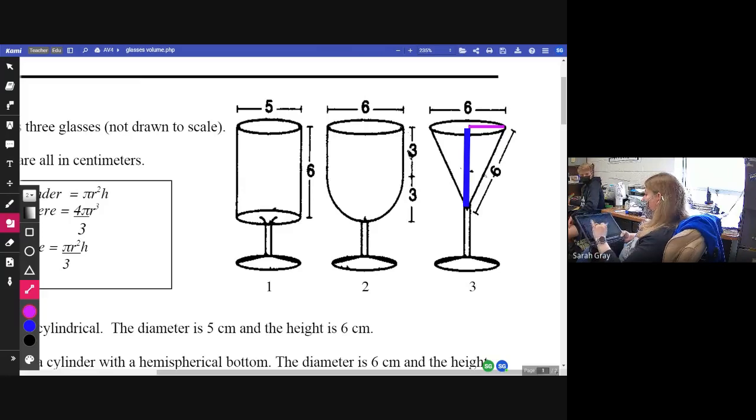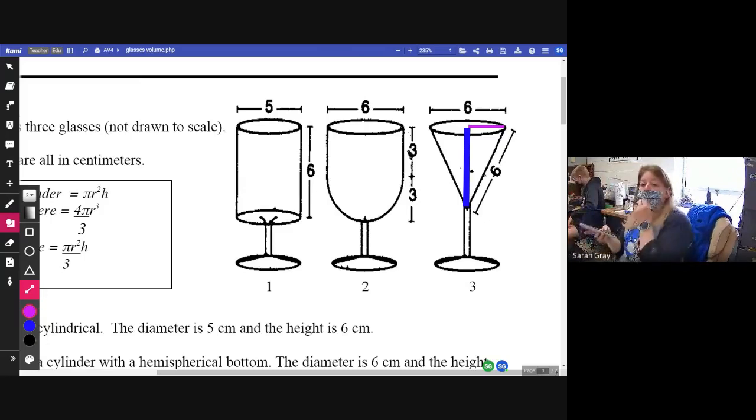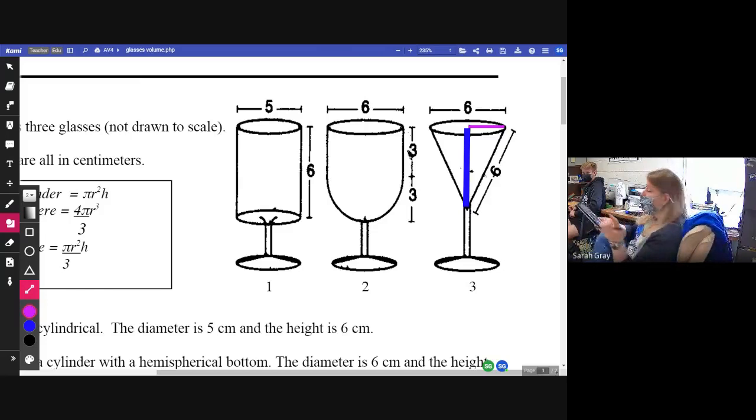The seams are 3.5. Total height, I don't know yet. Yeah, so you get the equation for the volume of the sphere divided by 2, then you add that with the volume of the cylinder. Okay. But make sure the height of your cylinder is only 3.